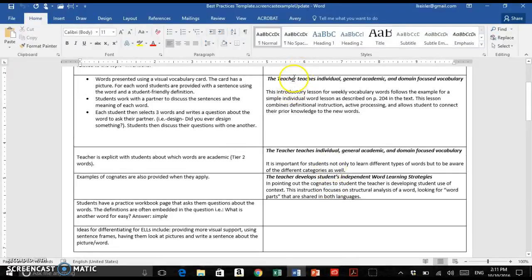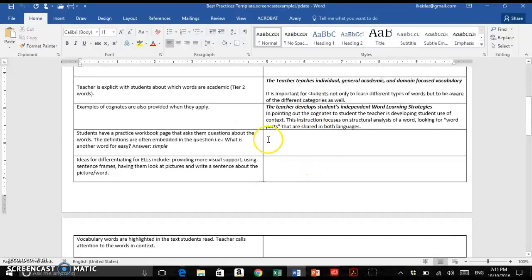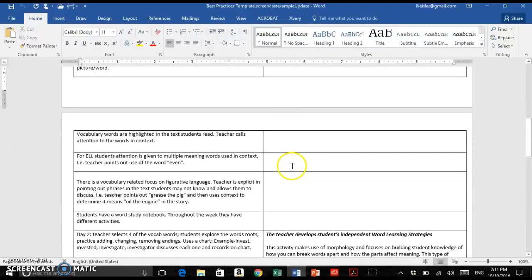You can also show multiple examples of evidence for the same best practice. You're going to see that I have this idea of individual vocabulary several times, but my description of how that practice meets that is different every time. But then you'll see I don't have evidence for some of it, and that's okay. You can just leave some of those blank if you cannot find evidence that that is a best practice.